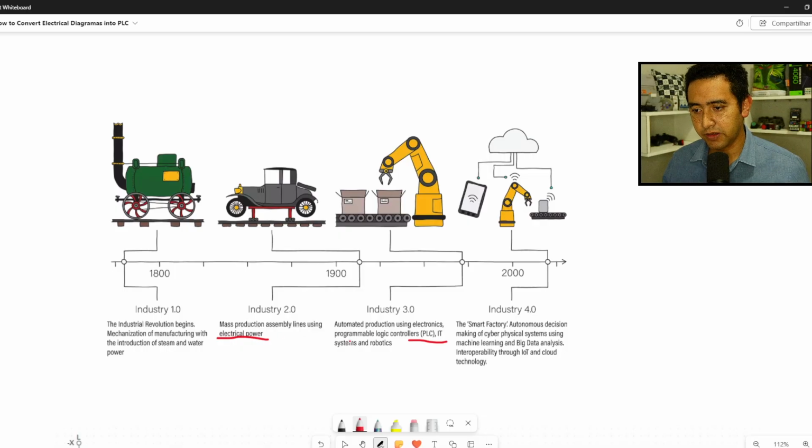The beginning of the use of PLC is in the 70s, right? And now today we have some countries, some industries in this 4.0 industry.